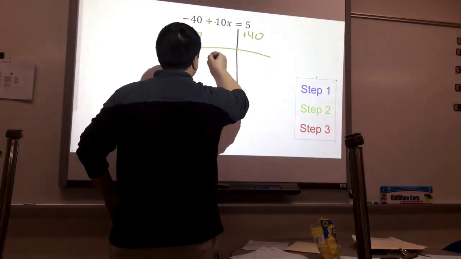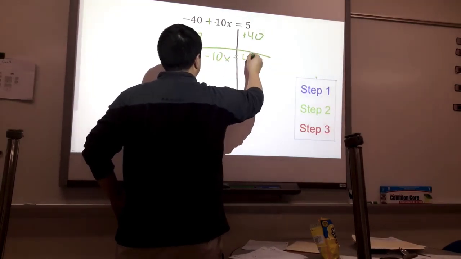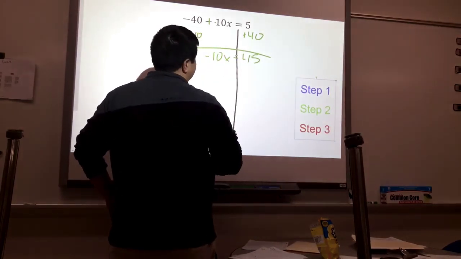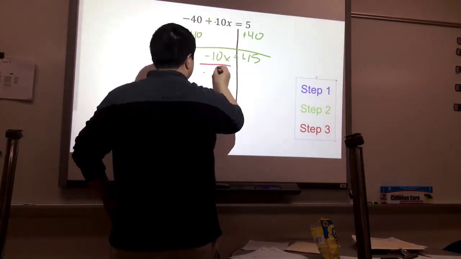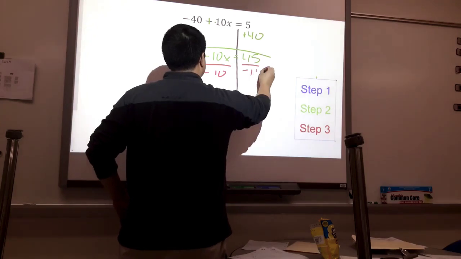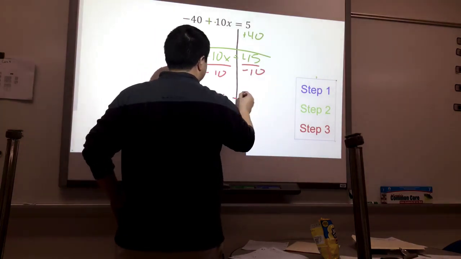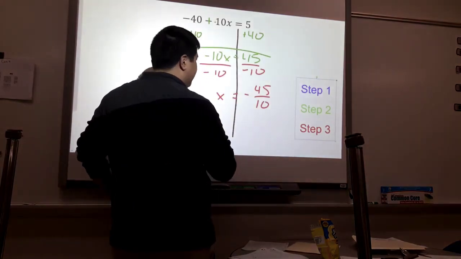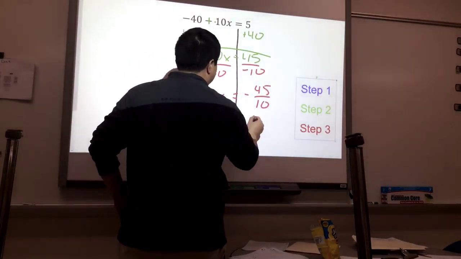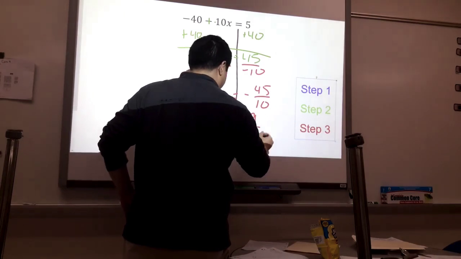When we do that, we get negative 10x equals 45. Then we are done with step 2. Step 3, divide by negative 10. We do that, we get x equals negative 45 over 10, which when we simplify, because 5 can go into both of those, x equals negative 9 over 2.